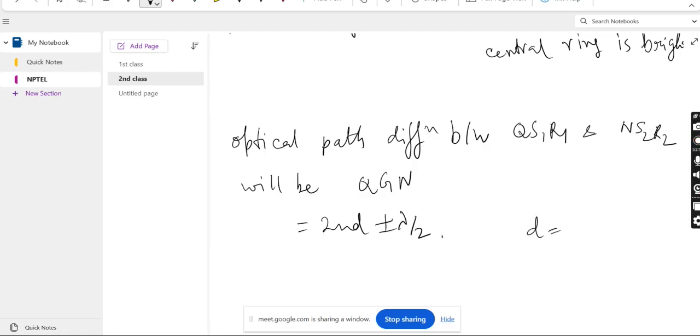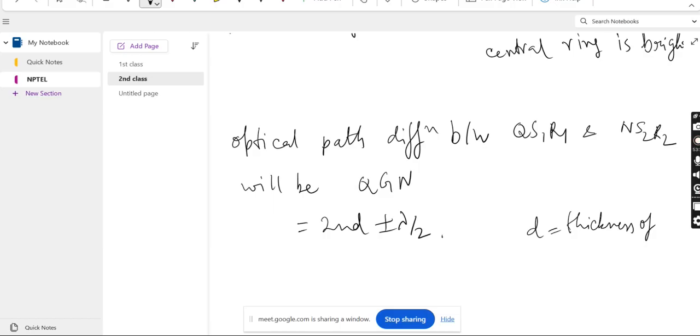So D is the thickness of air, or we should not say air because later we will come to know that you can put oil there.